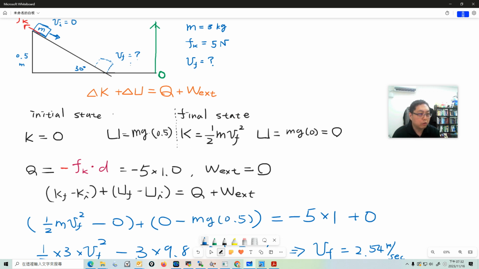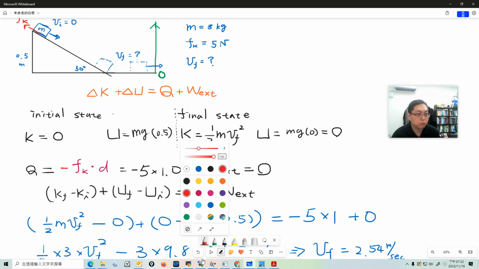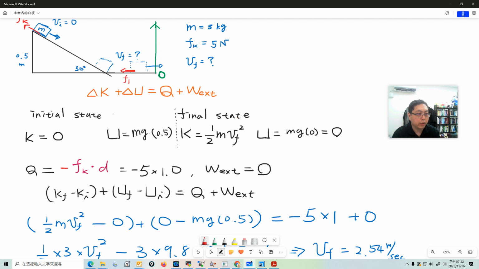When you move in the horizontal direction, the friction force pulls opposite to your moving direction, doing negative work to slow it down. That keeps withdrawing your kinetic energy, and finally it will stop.